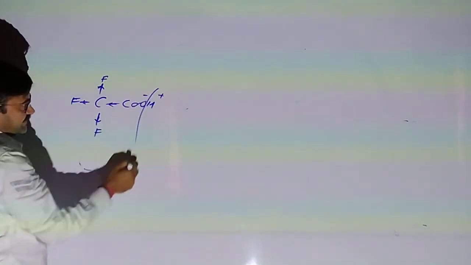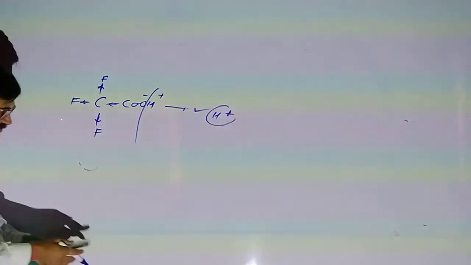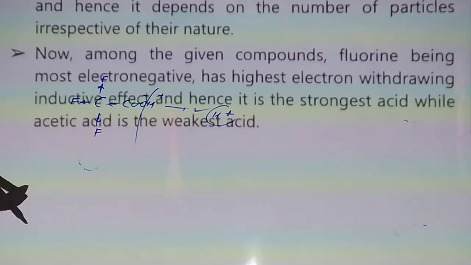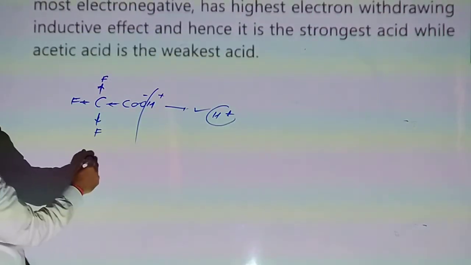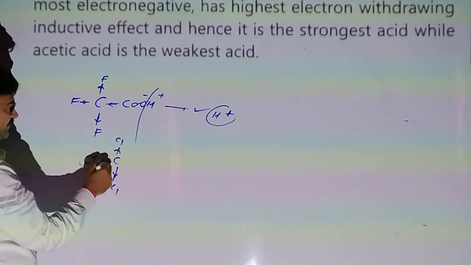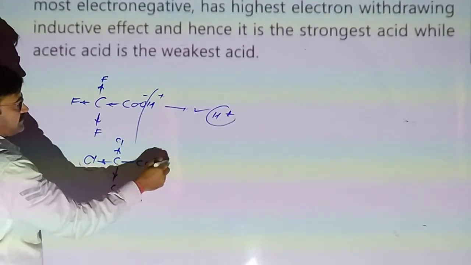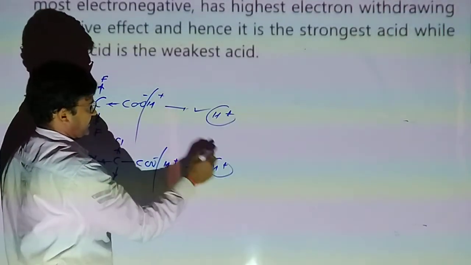So here polarity increases, so it gives more H plus. Whereas in trichloro, chlorine is less withdrawing than fluorine, so polarity is less here. So it releases fewer H plus ions.